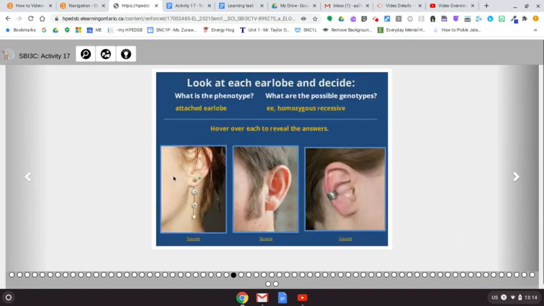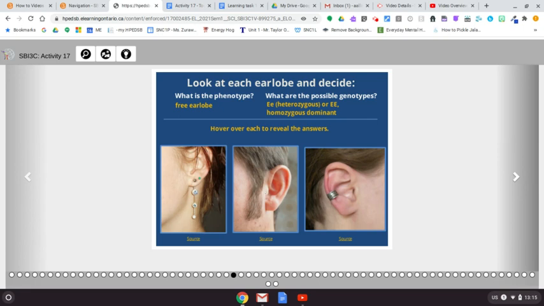So let's have a look here. Look at the earlobe and decide what is the phenotype. So for an attached earlobe, you know that it has to be homozygous recessive. Why? Because otherwise you would see the dominant trait. So a free earlobe can be either or.